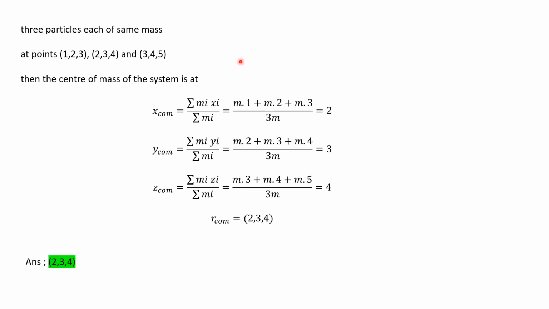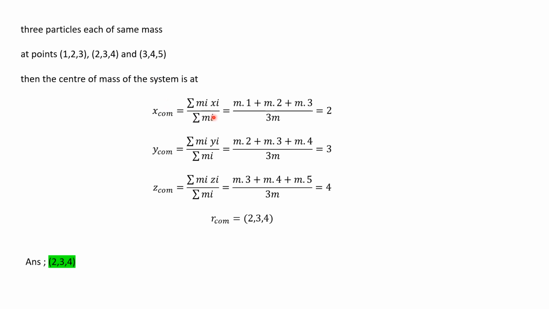Here we can see, according to the question, there are three particles each of the same mass, at points (1, 2, 3), (2, 3, 4) and (3, 4, 5). Then we have to calculate the center of mass of the whole system. So we know that the center of mass x coordinate is equal to the summation of m_i x_i divided by the summation of m_i. Because all particles have the same mass, we can consider it m, and the x value for particle 1 is 1, for particle 2 is 2, and for particle 3 is 3.